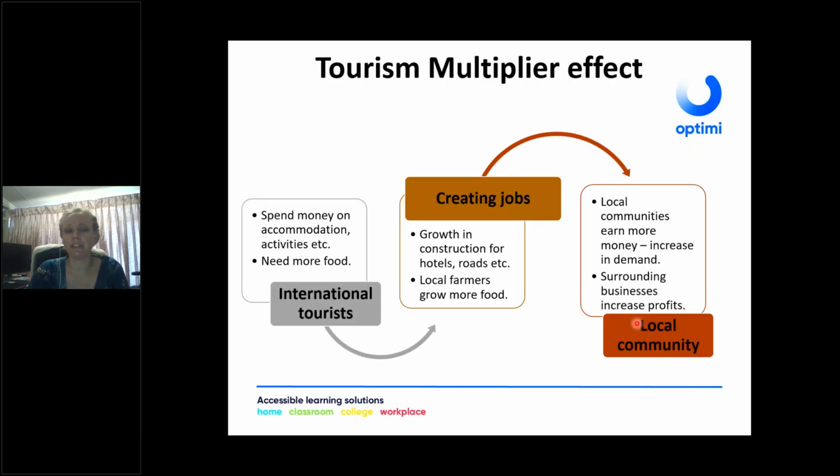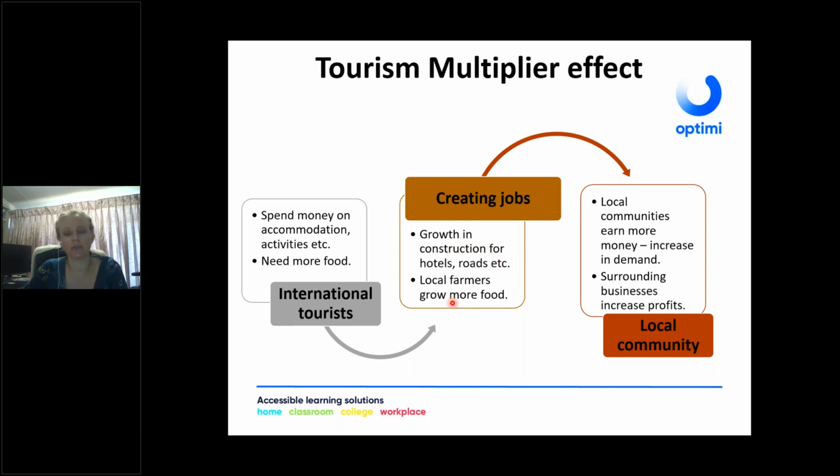Okay, if we look specifically at the tourism multiplier effect, we can take the example again of the international tourists. The international tourists come into our country. They spend money on accommodation and activities. They need more food. So this leads then to job creation, and not only in construction, where hotels must be erected or roads must be fixed, which then gives money to the construction industry.